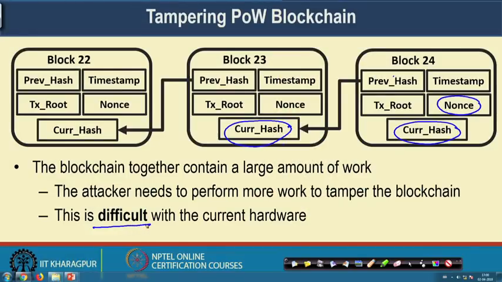Note the term: tampering with the current blockchain is difficult with the current hardware, but remember that it is not impossible. If the attacker invests in huge hardware which can compute the hash very fast, and is able to change all the hash values of all the blocks in the longest chain, then the attacker may be able to tamper with the blockchain.